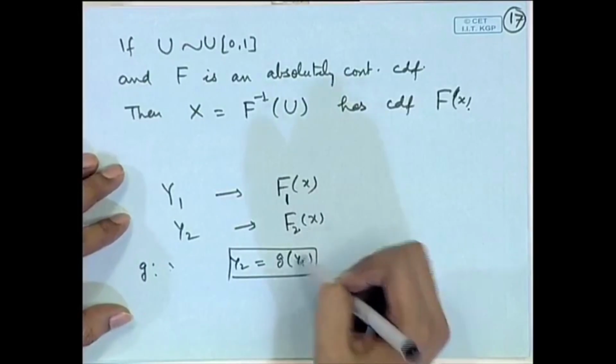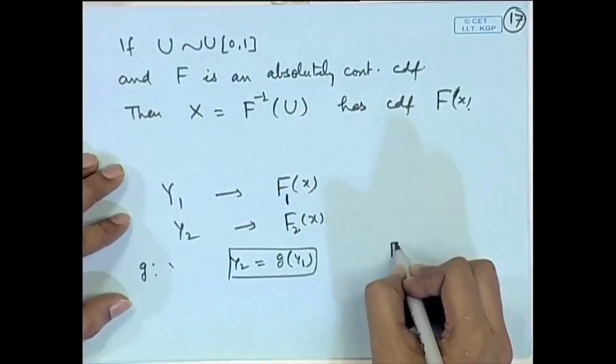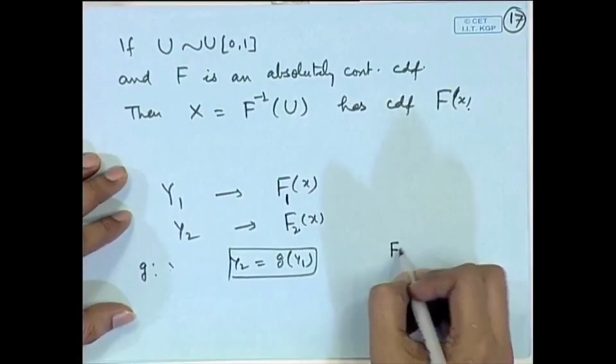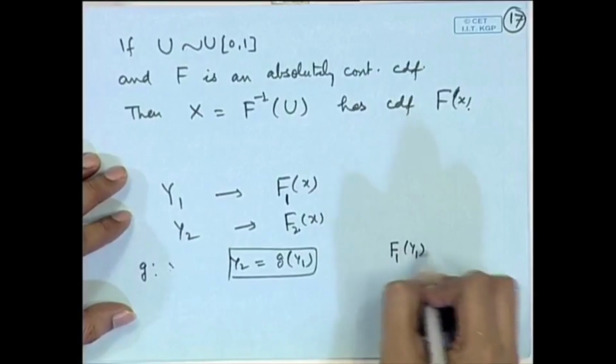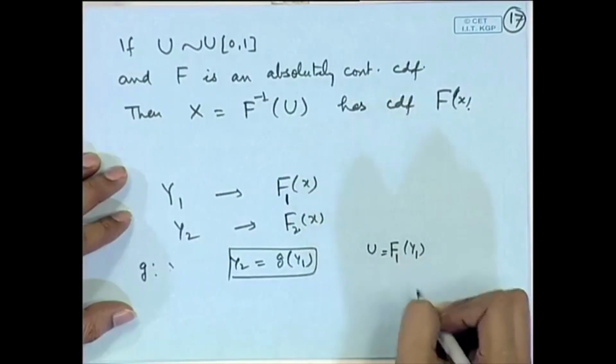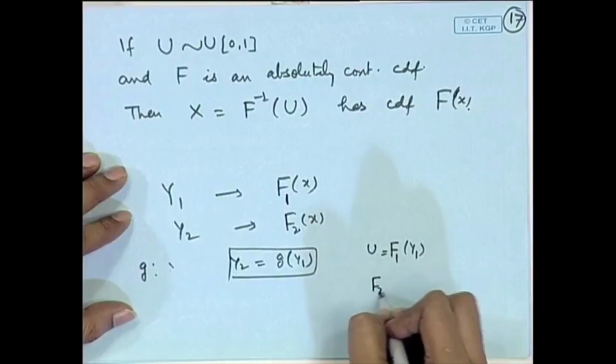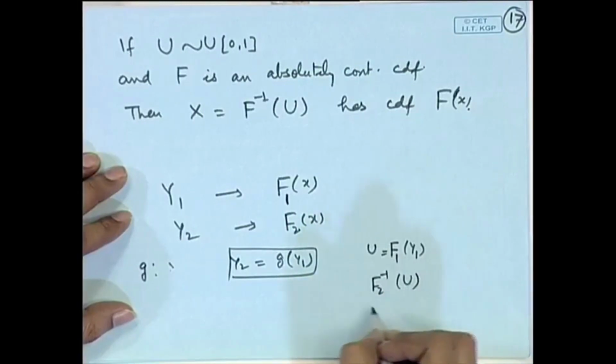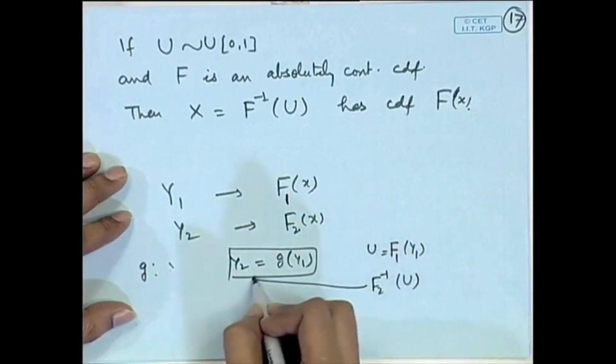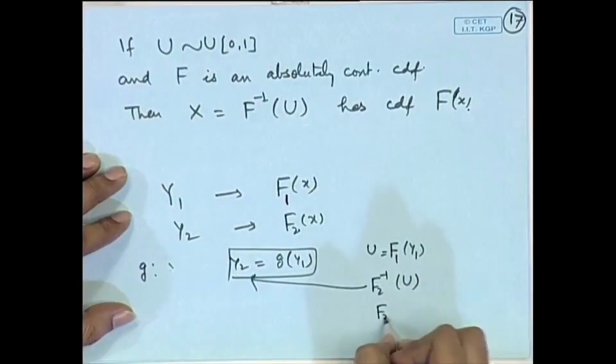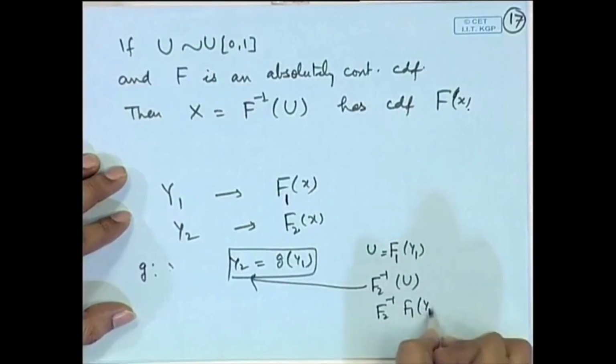So, basically what we can do is that we can consider F 1 of y 1, that is say u, and then we consider F 2 inverse of u, then that will be this. So, basically F 2 inverse of F 1 y 1 is equal to y 2.